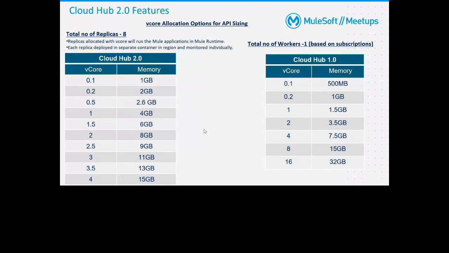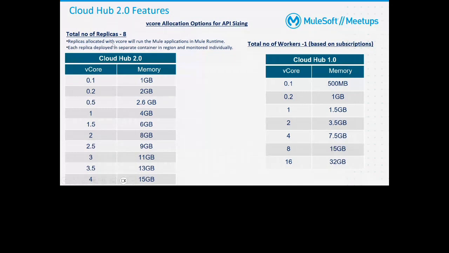Earlier, we had 0.1, 0.2, and then directly 1. So for costing purposes, we were bound to build a heavy application with multiple endpoints. Because of this granularity, we can divide our application in a better architectural way.